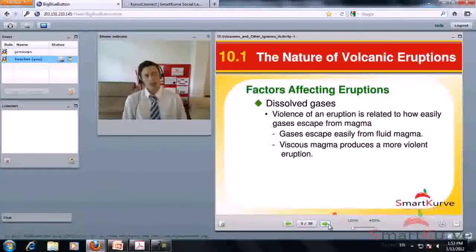You can think about it this way. If you ever make a gelatin or a jello mold, sometimes after it cools, after you're finished, you can see bubbles of air in that jello. But if you have just a glass of water sitting on a table, you're not going to see those same bubbles.